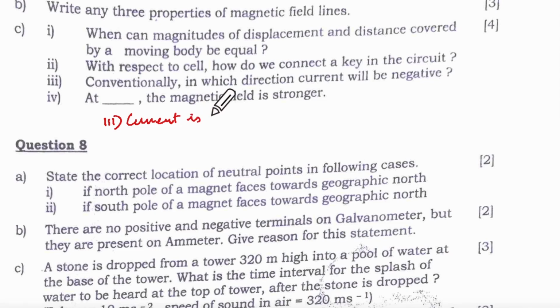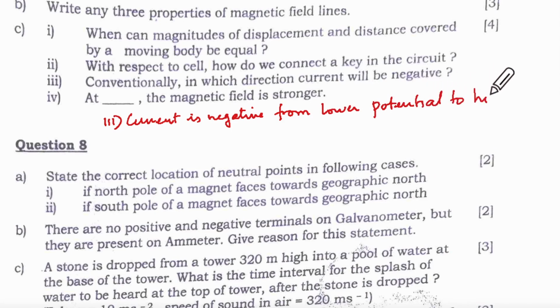Current is negative from lower potential to higher potential. Okay, lower to higher.